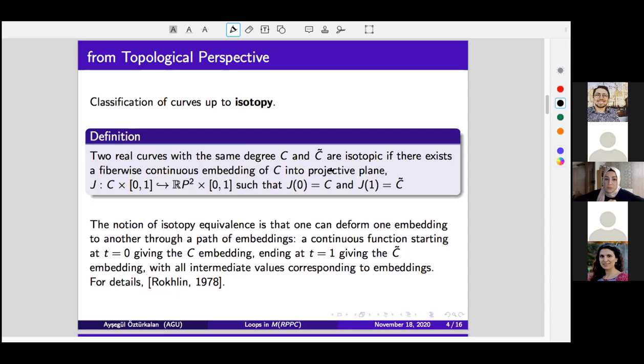It means we have two different embeddings, and we need to deform one of these embeddings to the other. For example, if you have such a curve, you deform it, and it can be deformed to an oval. However, when you have a node, it's not isotopic to an oval.